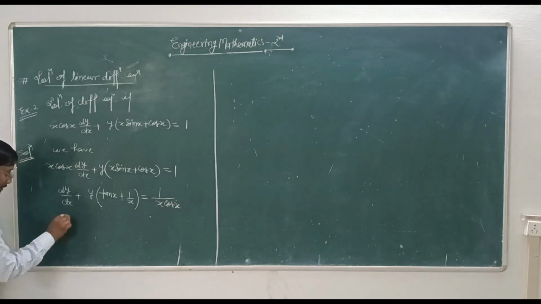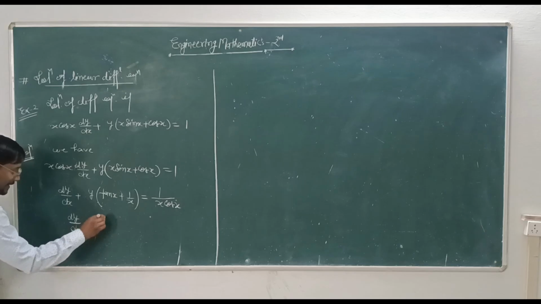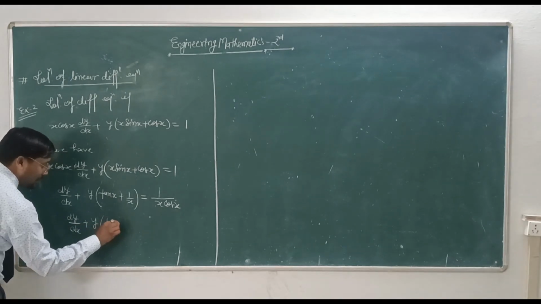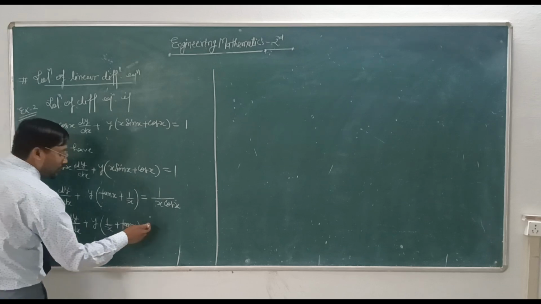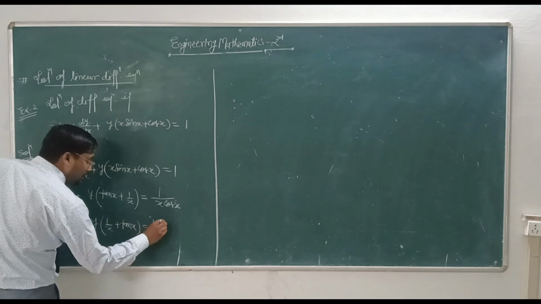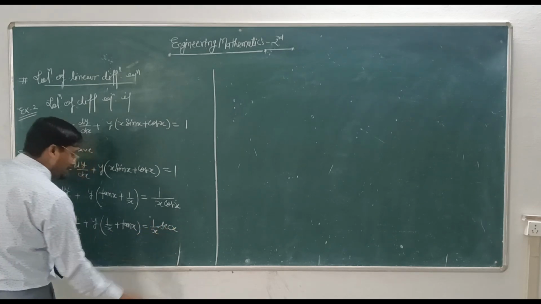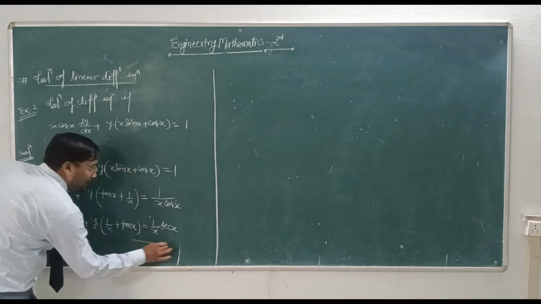Now you can write dy/dx + y(1/x + tan x) = (1/x) sec x. This is equation number first.